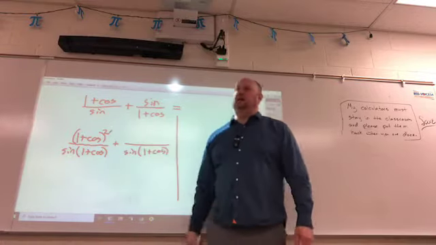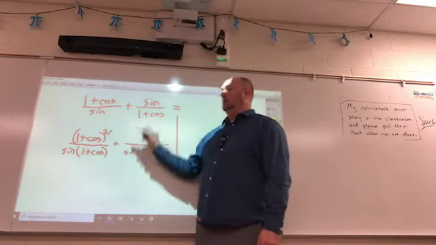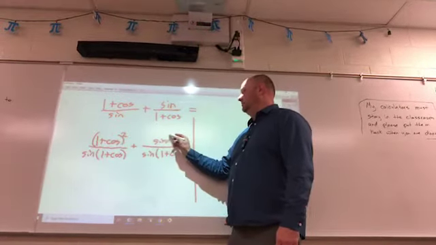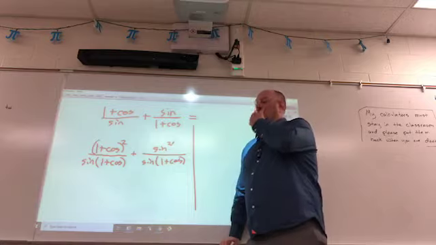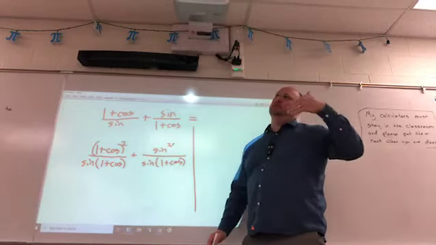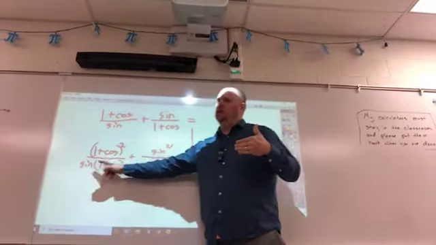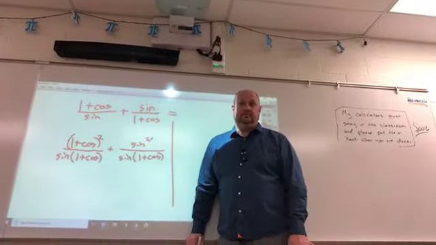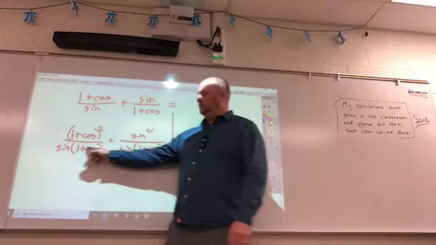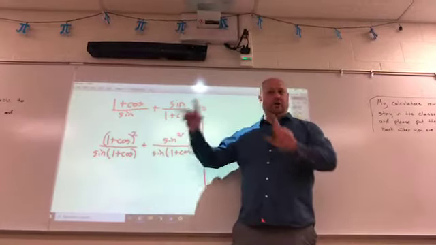What's missing out of this denominator? Sine. Well, I've already got a sine. Now I have 2 of those. Now, could I distribute in the bottom? Yes? Could I distribute here in the bottom? I could.